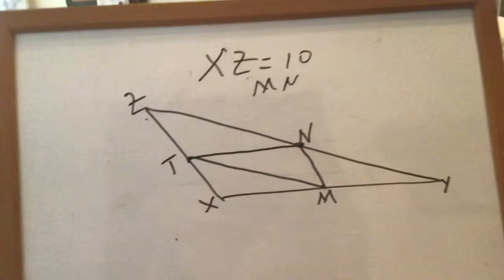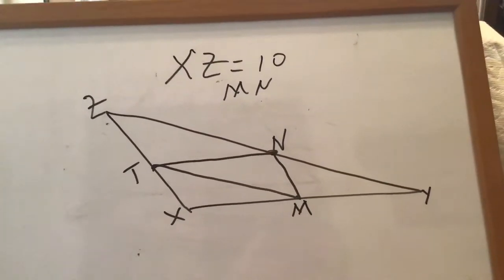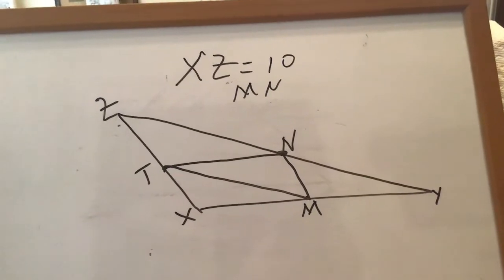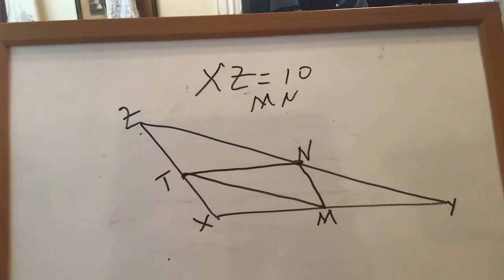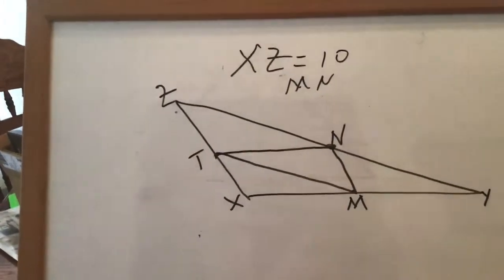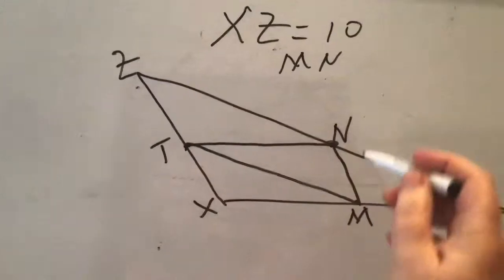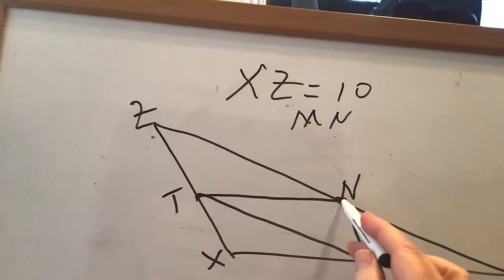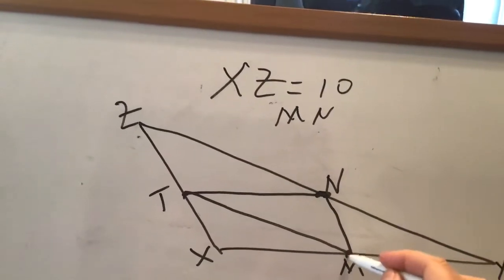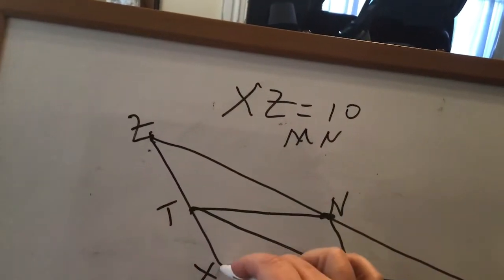So if XZ is equal to 10, then MN is going to be the midpoint of this line to this line, and this is your baseline.